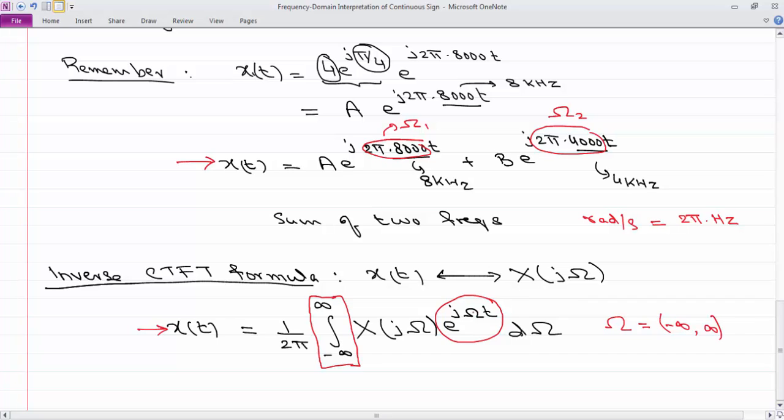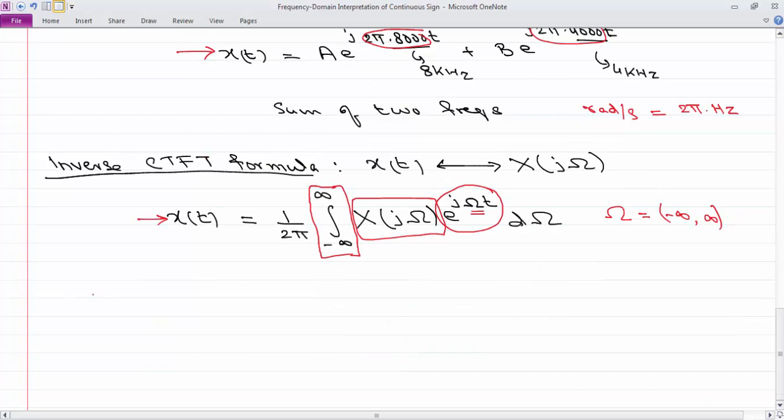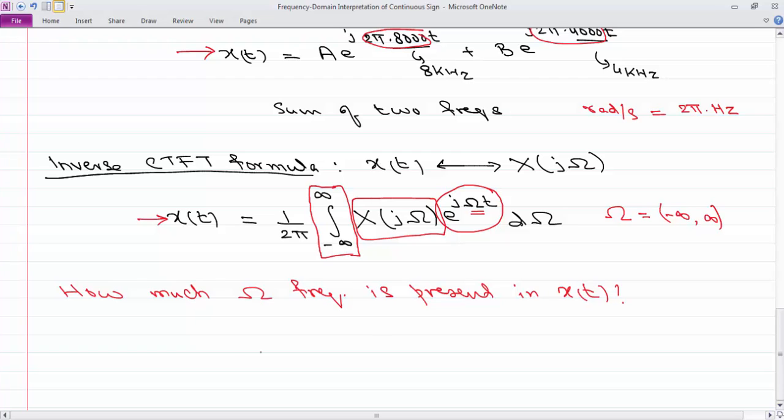e to the j omega t, where omega is the frequency of my sinusoid, and what is the amplitude and phase of my sinusoid? That is given by the Fourier transform. So how much of omega frequency is present in x of t?